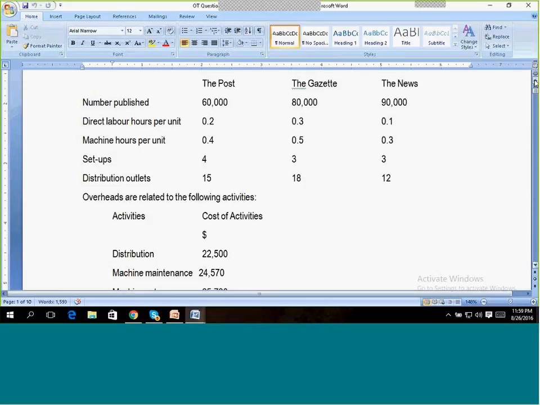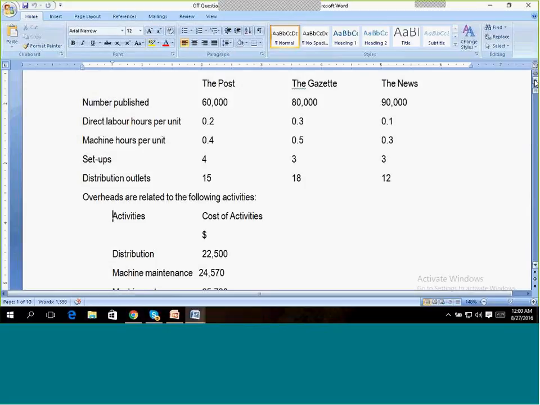Now look at this information. Which should be the right one? Should it be labor hours or machine hours? Why do you want to use the machine hours? Because of machine intensity.